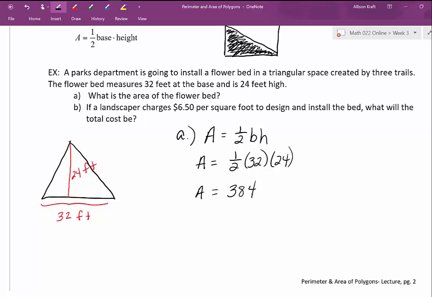Anytime you're discussing area, the unit is squared.